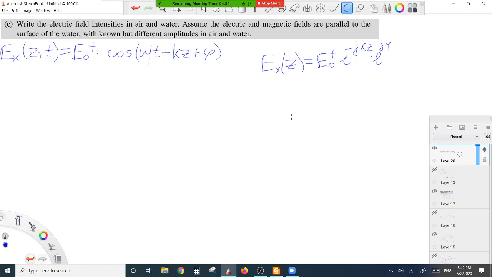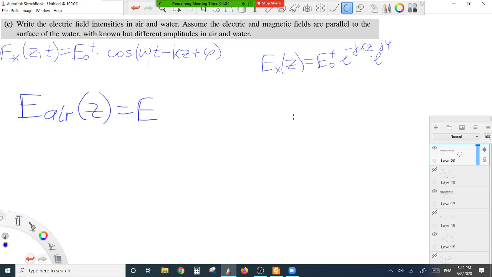So the electric field in the air, we said that amplitude is known.